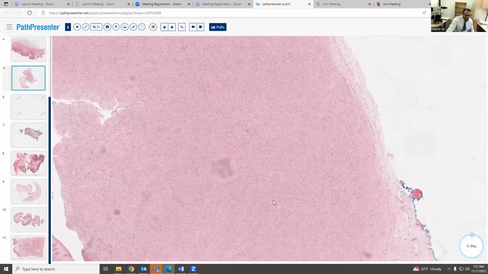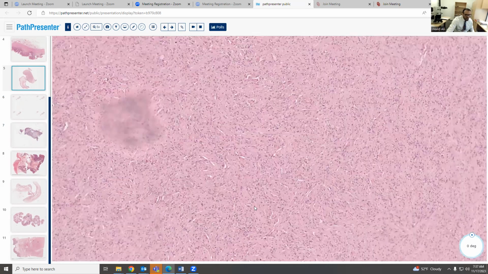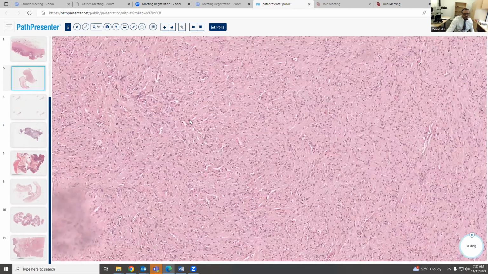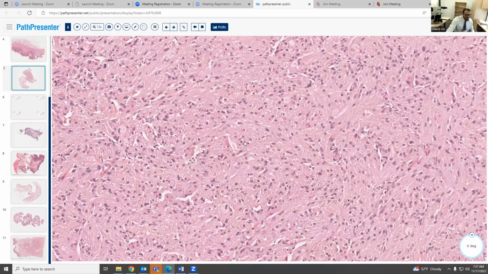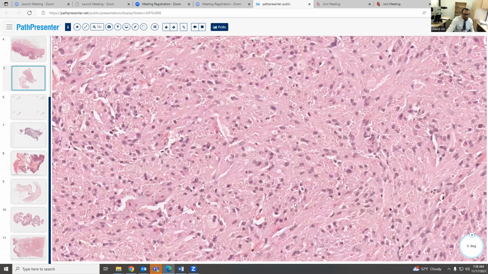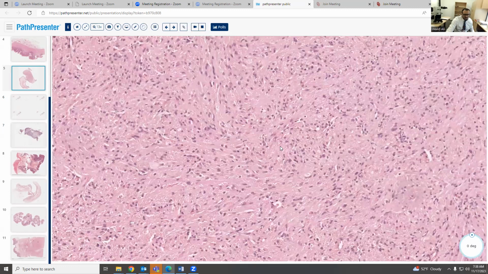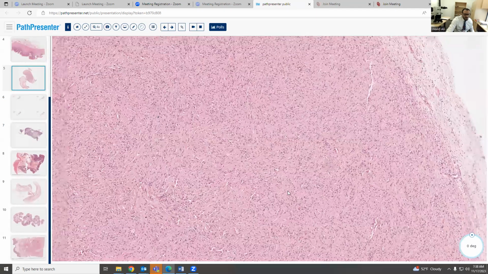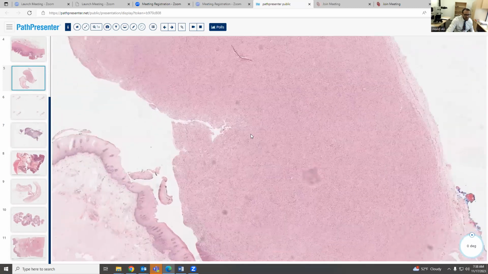And then when we go to higher power, it looks uniform. It looks benign to me. Trying to tell the features, there is a lot of granular, eosinophilic cytoplasm, and this is a very common, well known tumor or entity.